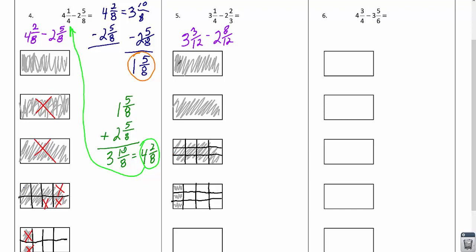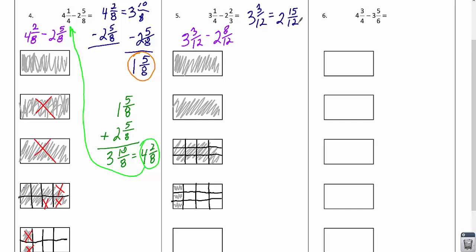All right. So we renamed. Now when we renamed, let's put it up here. We had 3 and 3/12, and we have renamed it into 2 and 15/12.